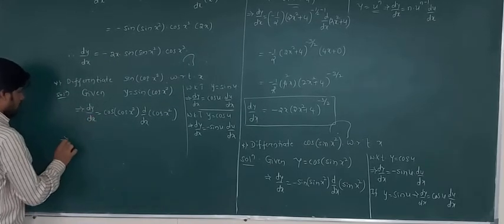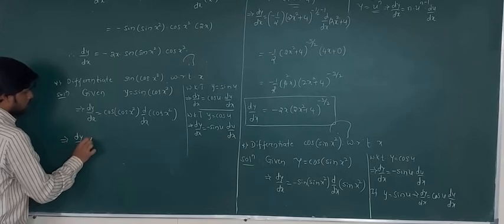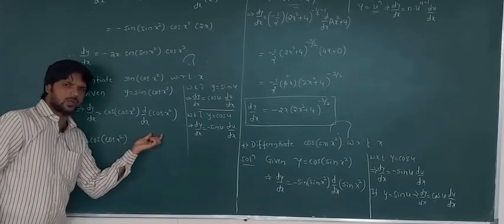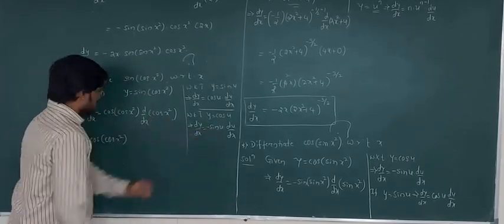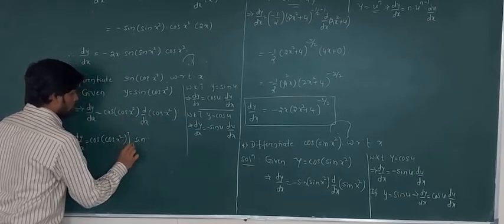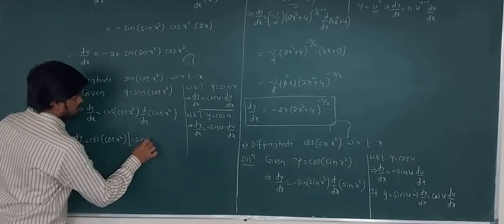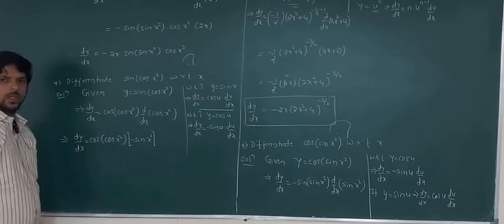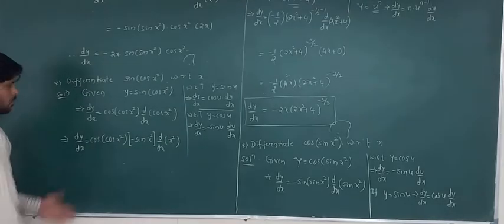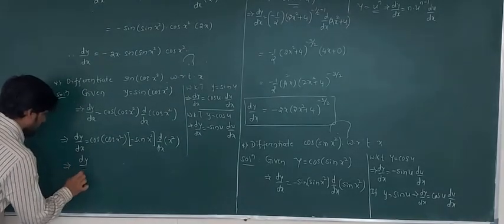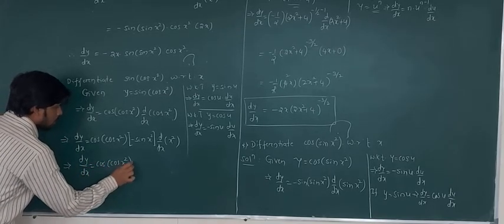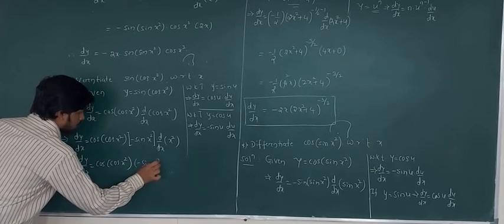dy by dx is equal to cos of cos x square as it is, first function as it is. Then differentiation of this one. Differentiation of cos is minus sine. In place of u we have x square, so sine of x square into d by dx of x square. So now simplify, we get dy by dx is equal to cos of cos x square minus sin x square.